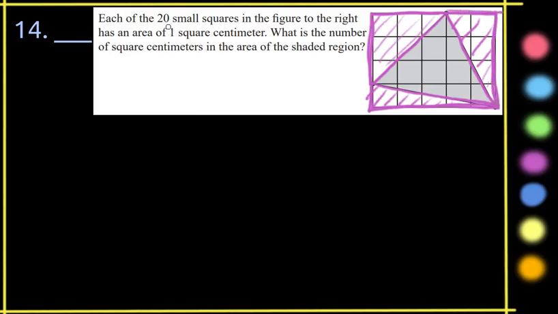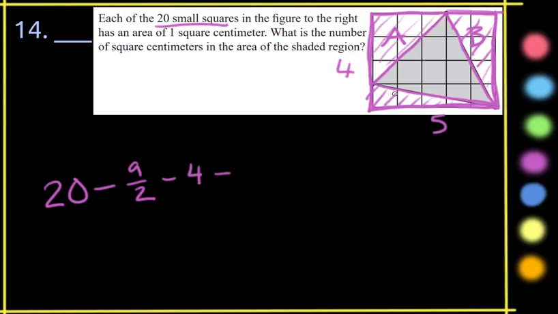Okay, so it already told us there were 20 small squares, so we don't need to compute the area of the rectangle. It would just be 4 times 5, but we already know it's 20. So we take 20, and then we subtract the area of these. Triangle A is going to be area 3 times 3 divided by 2, so that's 9 halves. Triangle B over here is going to have 2 times 4 divided by 2, so that's just 4.